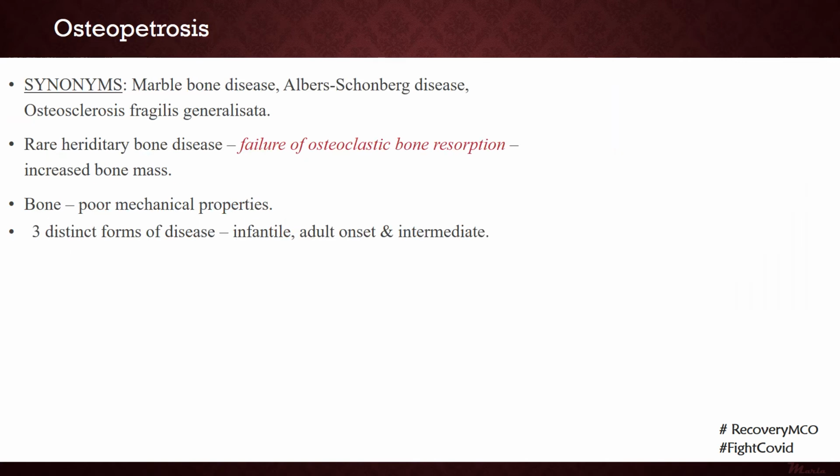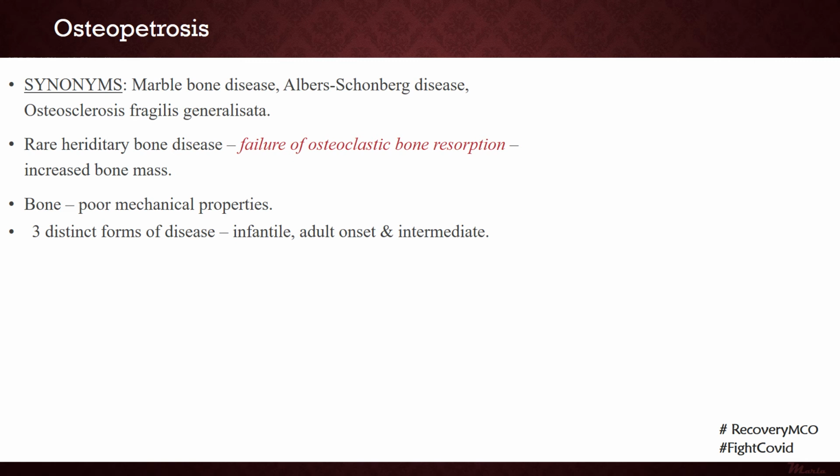Osteopetrosis is a lesion of bone wherein there is increased bone formation. The bone turnover is generally affected. Osteopetrosis is also known as marble bone disease, Albers-Schonberg disease, osteosclerosis, fragilitas generalisata. It is a rare hereditary bone disorder.